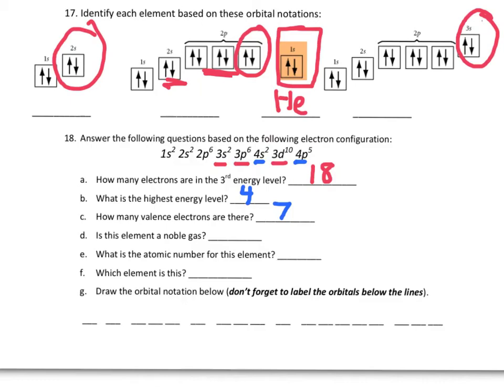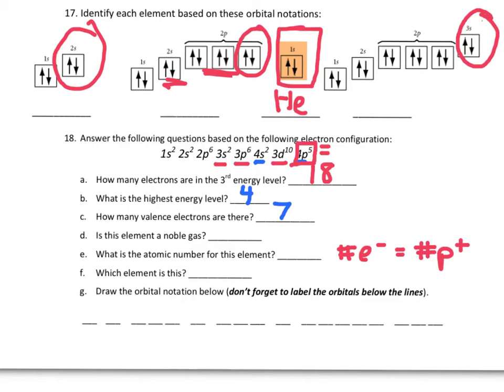If you add all of these little superscripts, that will give you the total number of electrons. Total number of electrons equals total number of protons, and that will tell you the atomic number. Or you can go on the periodic table, go to the 4th row, the P block, the 5th element over, and read which element it is and its atomic number.